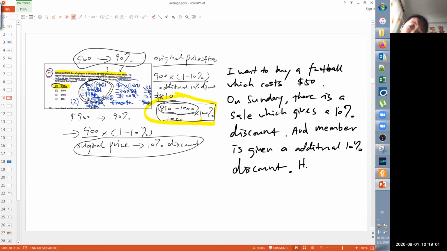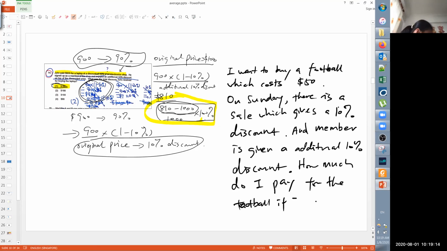So how much do I pay for the football if I am a member?